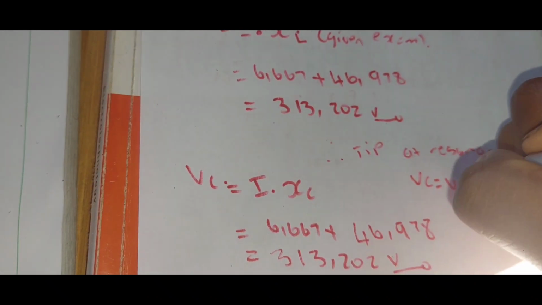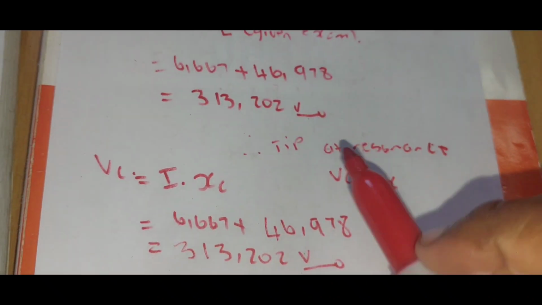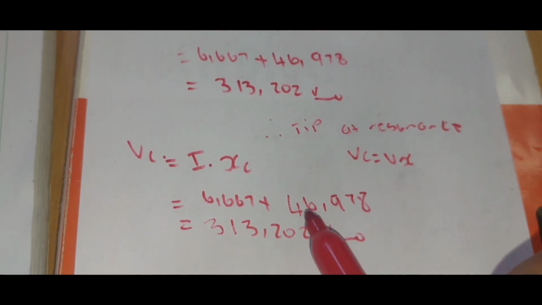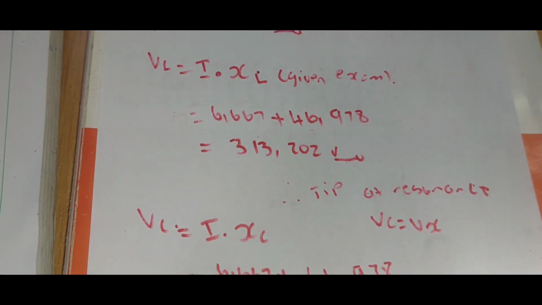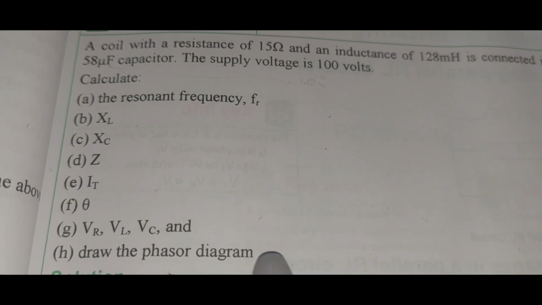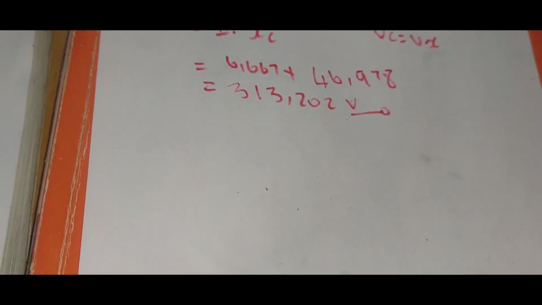and know that their angle is 0. That is a tip you guys might use. At resonance the voltage is equal, their reactances are equal, and the angle is 0, even the current is equal. Now we draw the phasor diagram, which is balanced, because everything is equal.